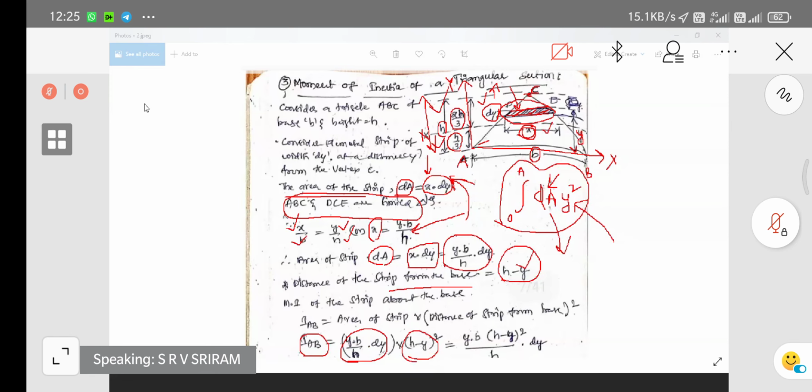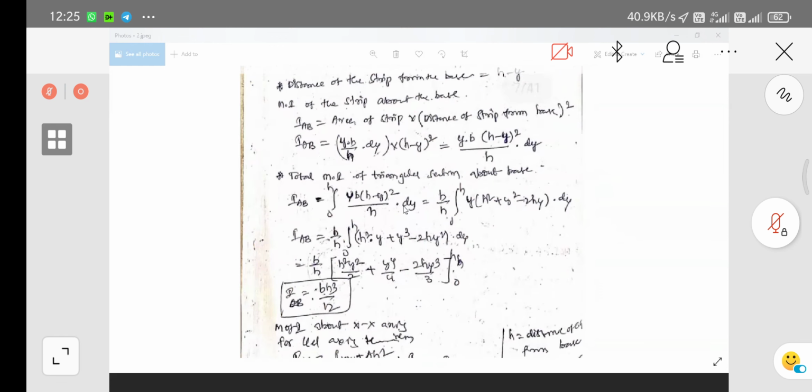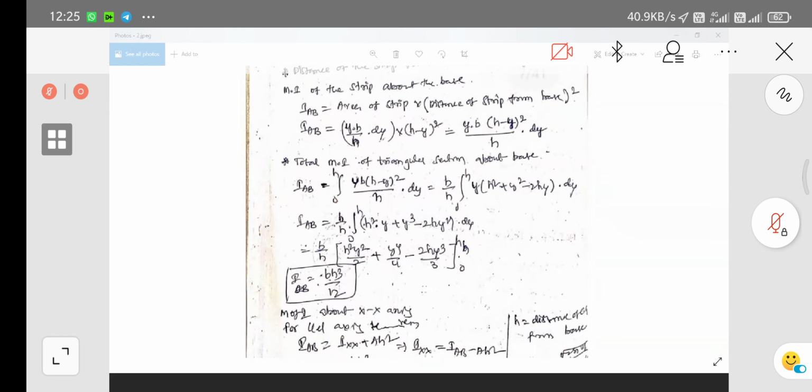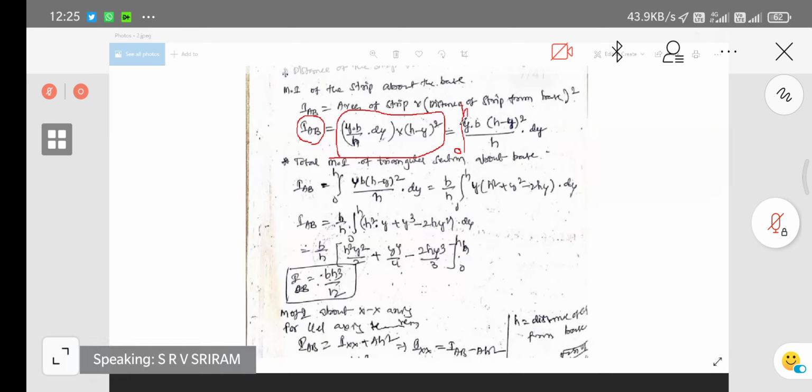So this total thing you have to put in the integration now. IAB is nothing but this thing, and we have to integrate in between 0 to h.